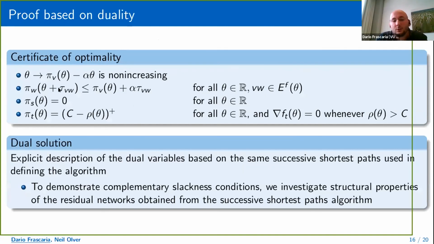For example, this condition says that if we have an arc present in the residual graph of our flow, then by sending flow along this arc, we can only reduce the total cost. Not sure if that answers the question.